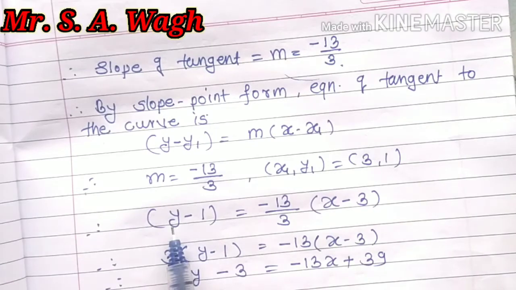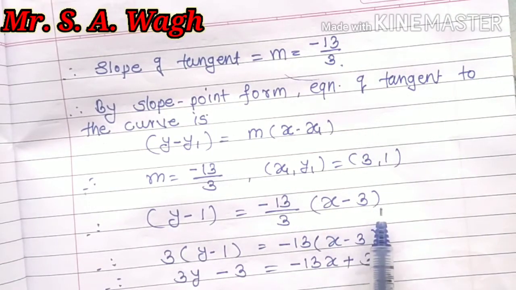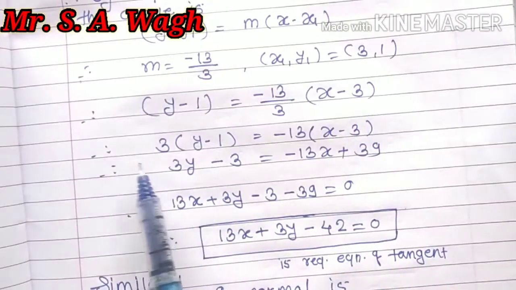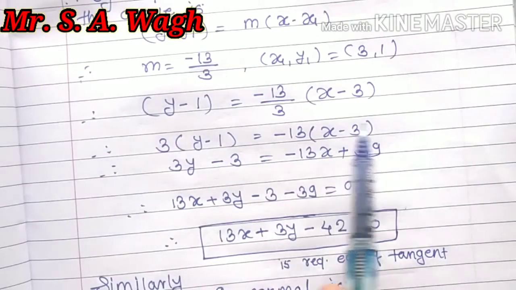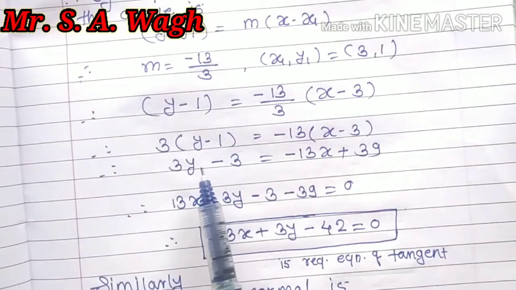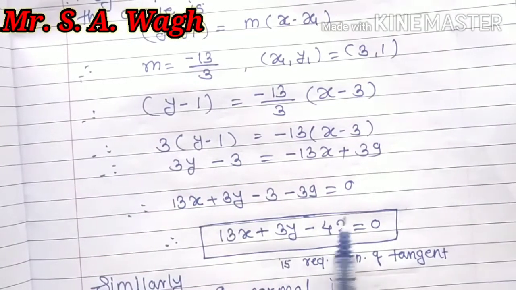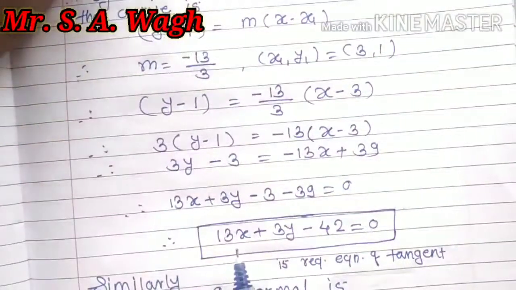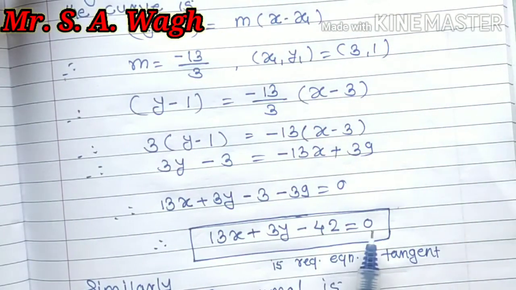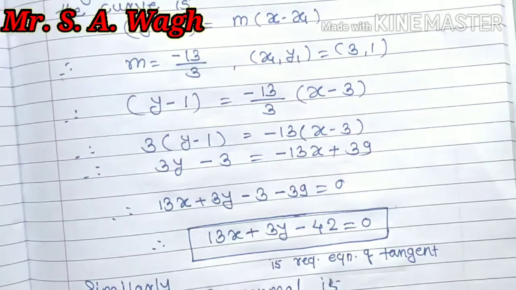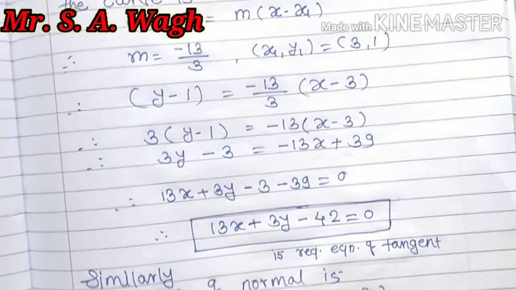We get y minus 1 is equal to minus 13 by 3 into x minus 3. Therefore 3 into y minus 1 is equal to minus 13 into x minus 3, the 3 being taken to the other side in multiplication. Simplifying this, we get the equation of tangent as 13x plus 3y minus 42 is equal to 0. So this is the required equation of tangent.